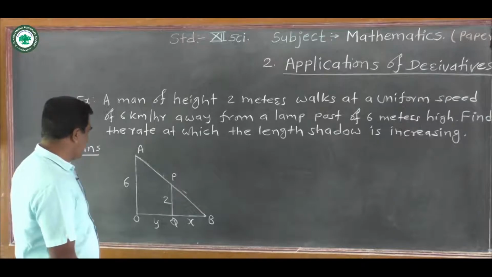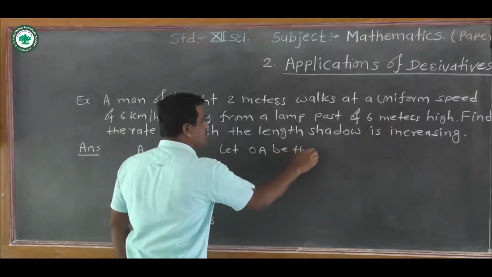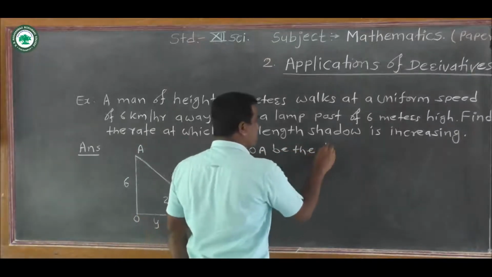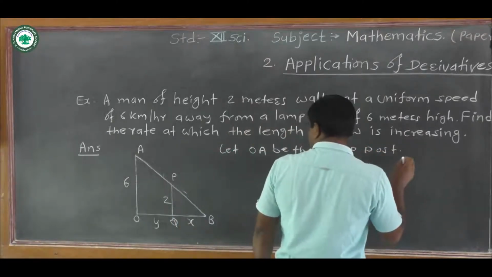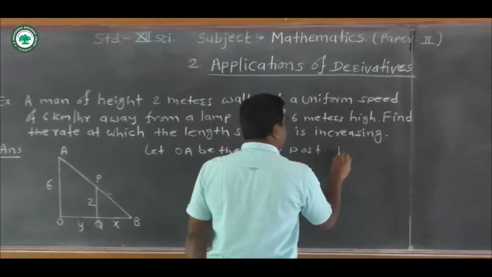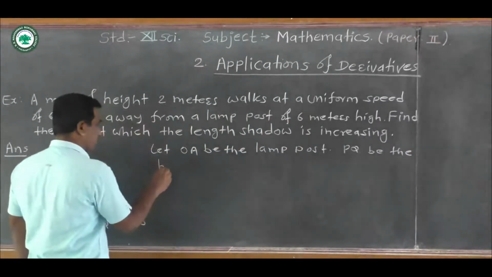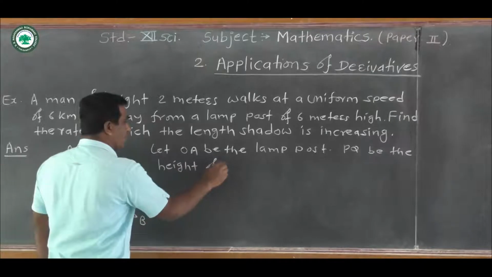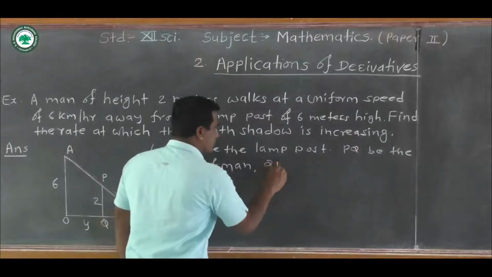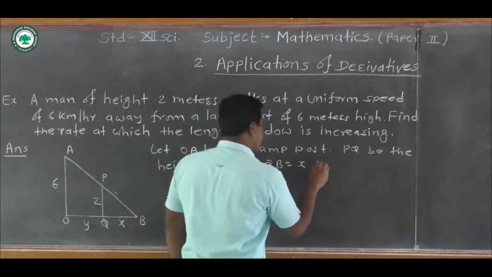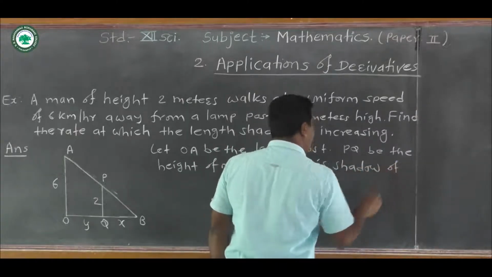Now first we write here: let OA be the lamp post, let PQ be the height of the man, and this distance QB equal to x, QB equal to x is the shadow of the man.